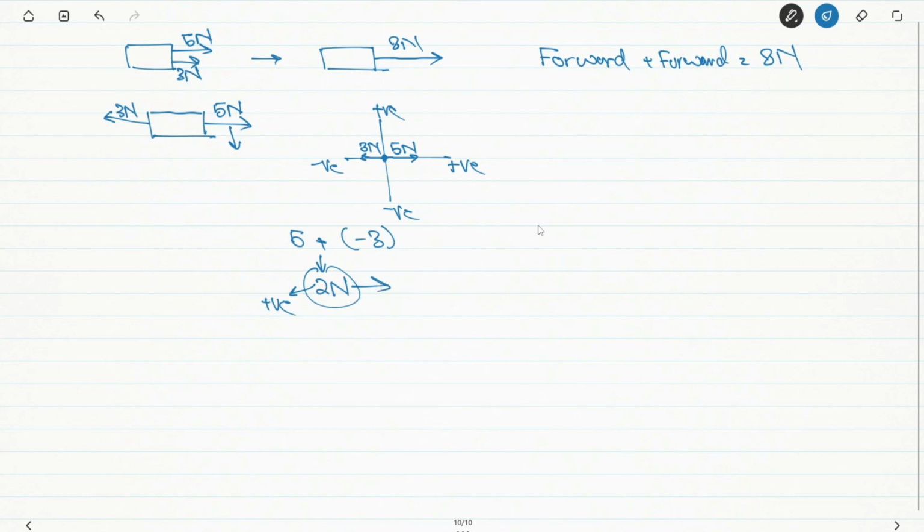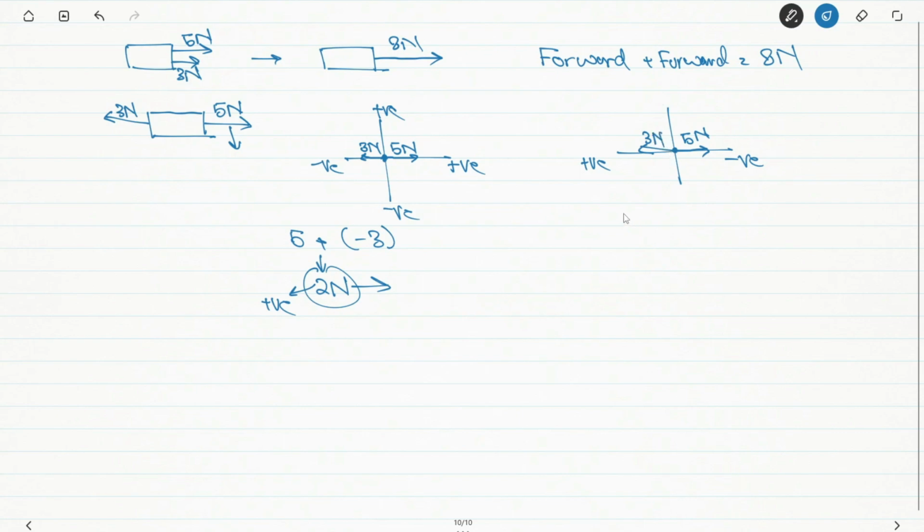Okay, let's do this backwards now. Let's just assign these values, and you can always assign this positive and this negative, right? There are no repercussions that you will have to face by assigning the values that you're accustomed to, but I'm going to show you that it works backwards as well. So let's just say this is the negative axis and this is the positive axis. Now this is the box, this is the negative 5 Newton force, and this is the positive 3 Newton force.